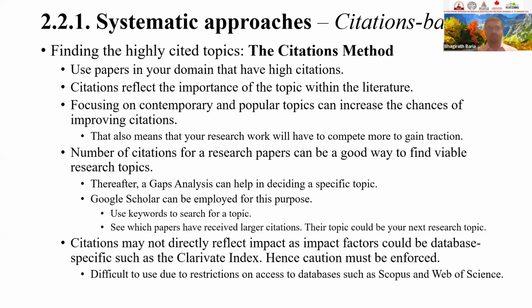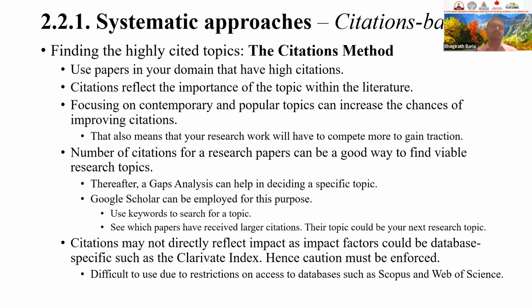Once you have the idea of citations, you can go to Google Scholar, for example, and take the top 5, 6 or top 10 cited papers, see the research titles and topics, and read their abstracts. This is freely available. You don't need to pay anything to read abstracts most of the time.